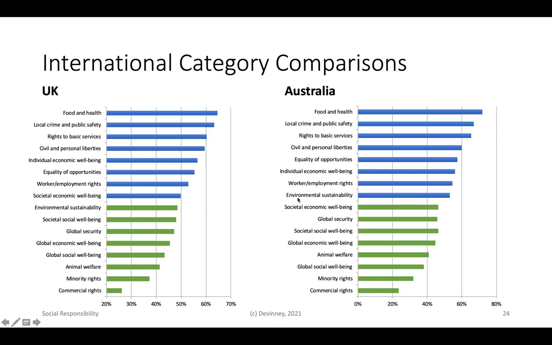Okay. And in a lot of the work that we've done, we've actually said, don't talk to people about environmental sustainability, talk to them about food and health. And if you can turn environmental sustainability into a health issue, you're much better off in terms of getting people's response than if you try to get people to prioritize environmental sustainability, because if you move this up, something else has to move down.